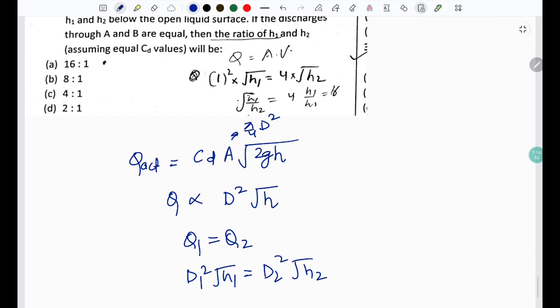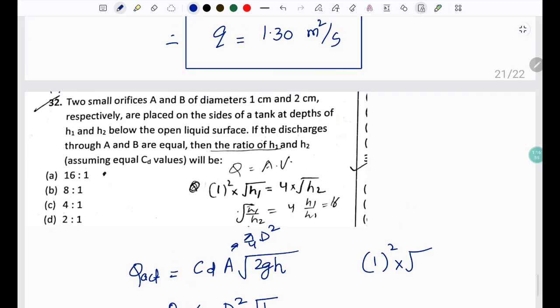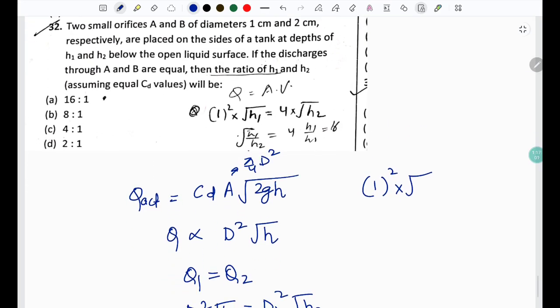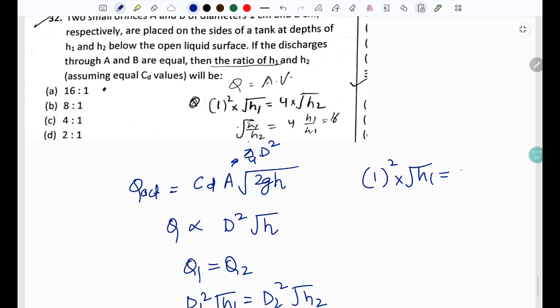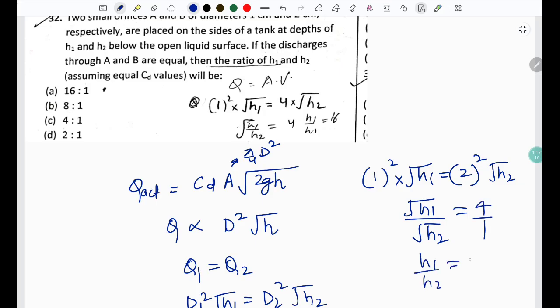For A, the dia is 1 centimeter, so I can write 1 square. For A, the depth is h1, and for B, the dia is d2, 2 centimeter square. What I have to find out is root h1 over root h2 equals 4 by 1. Therefore, h1 by h2, which is what the question has asked us, will be 16 by 1. Hence, A is the correct answer.